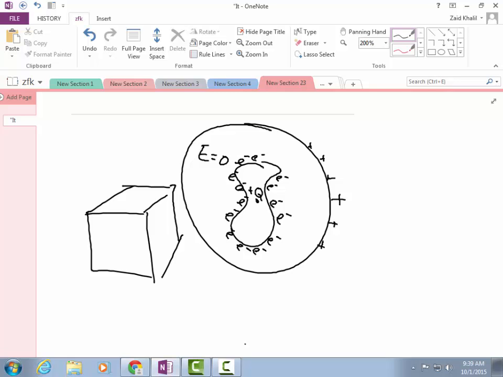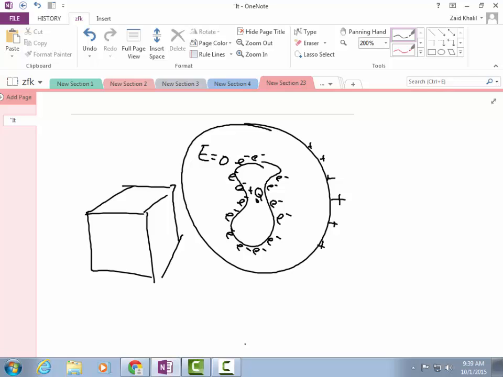I didn't do dipoles. I should probably do dipoles. Be careful. For instance, if you have a dipole, nowhere on a line is the electric field going to be zero.